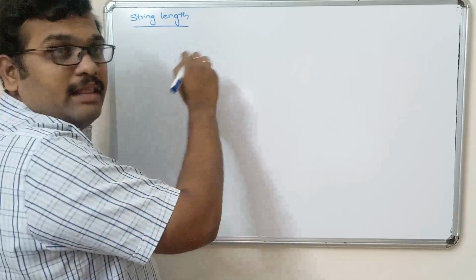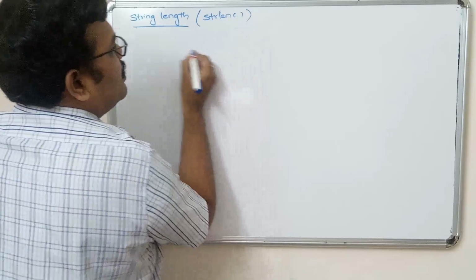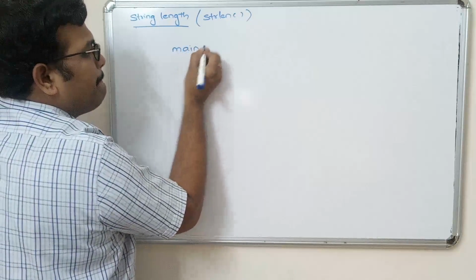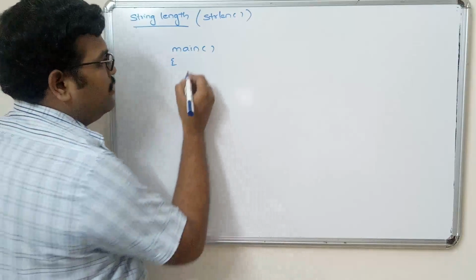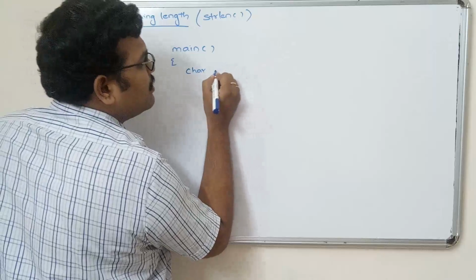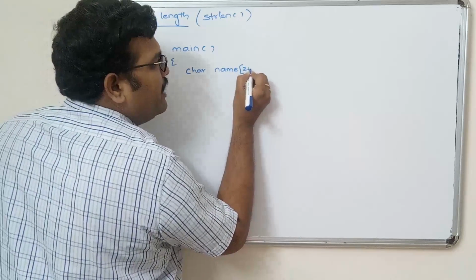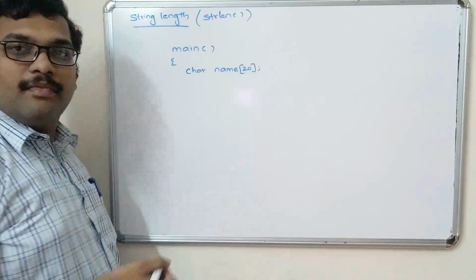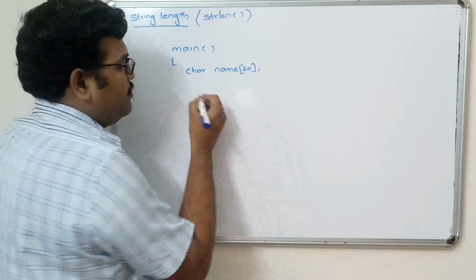So if you write a program for this, finding the string length using the strlen function. In the main function, first declare a string, that is char. Let us take name as a string, name of 20, so 20 characters. Now let us take the input.